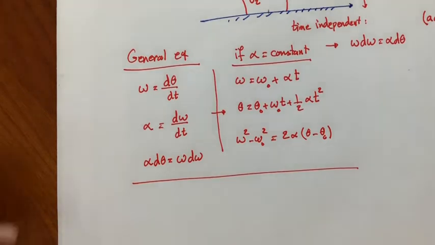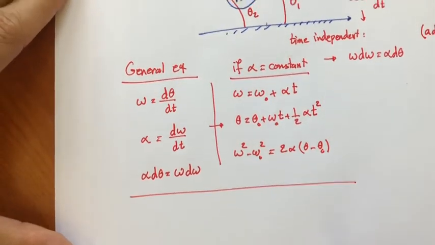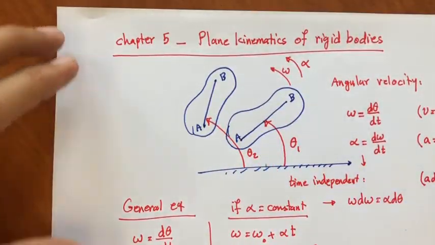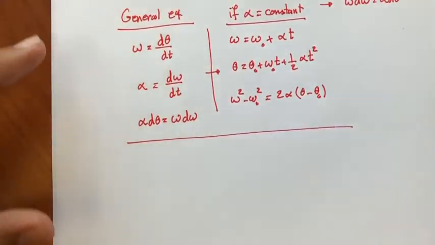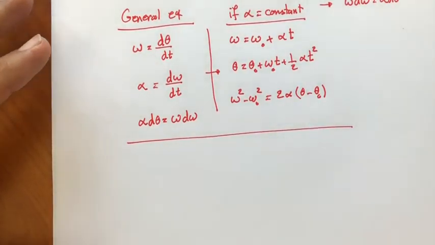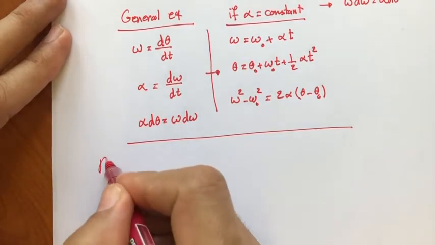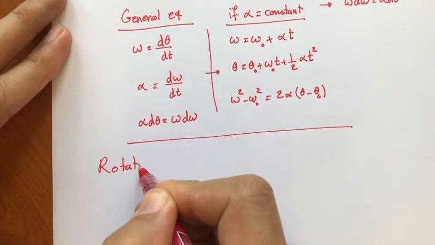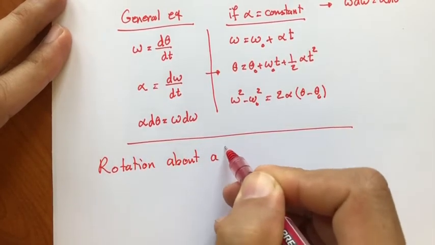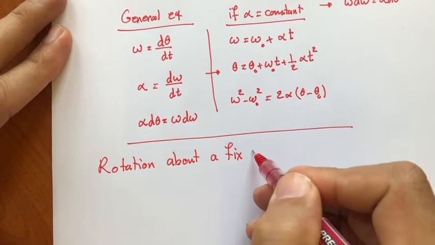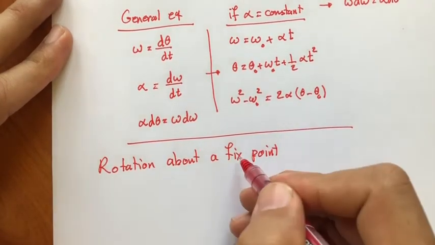Now, to talk about the movement of a rigid body in plane, as I told you, we need three variables to explain the motion of it, right? But to make it a little bit easier at the beginning, I'm going to start by talking about rotation about a fixed axis, or rotation about a fixed point.